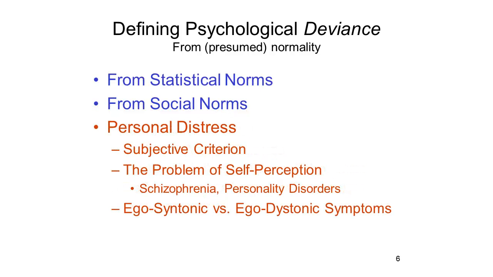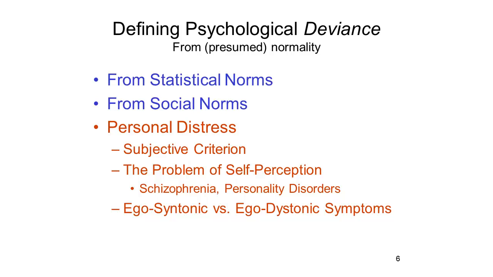Yet a third approach to identifying deviations from normality is a criterion of personal distress. Mental illness is usually manifested in symptoms that create problems for the patient and cause considerable concern to the patient him or herself. This subjective criterion for mental illness may be important in leading the patient to seek the help of a professional, but it too has some problems.